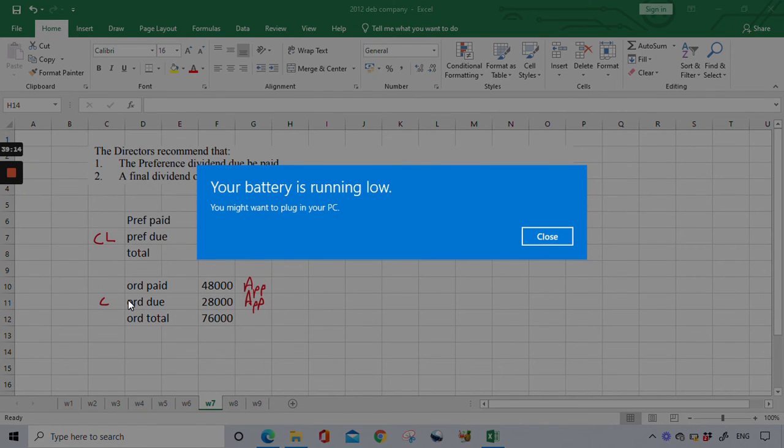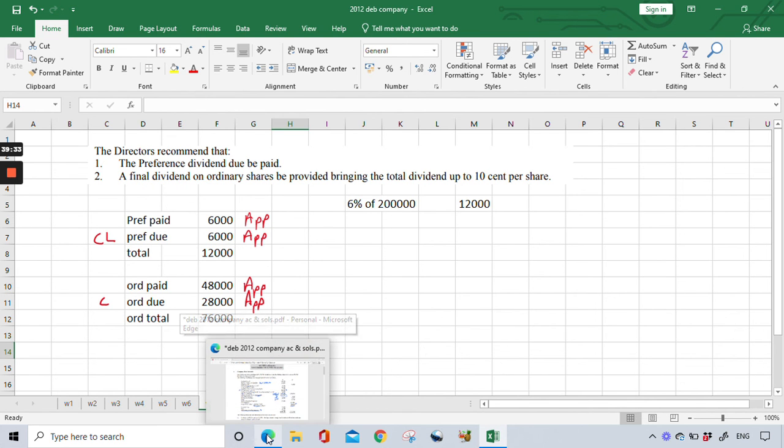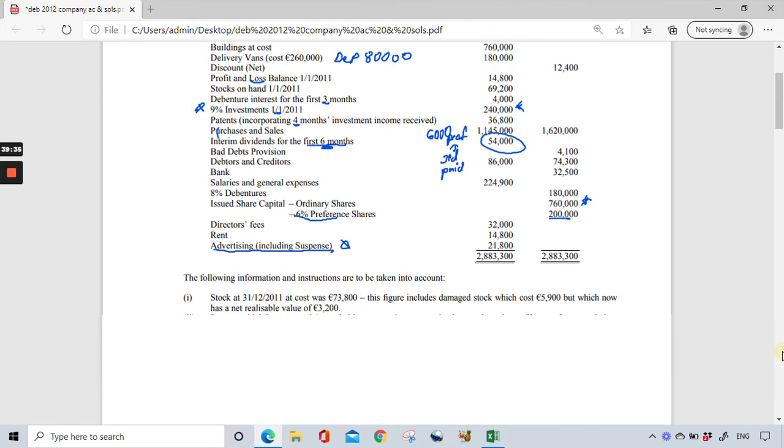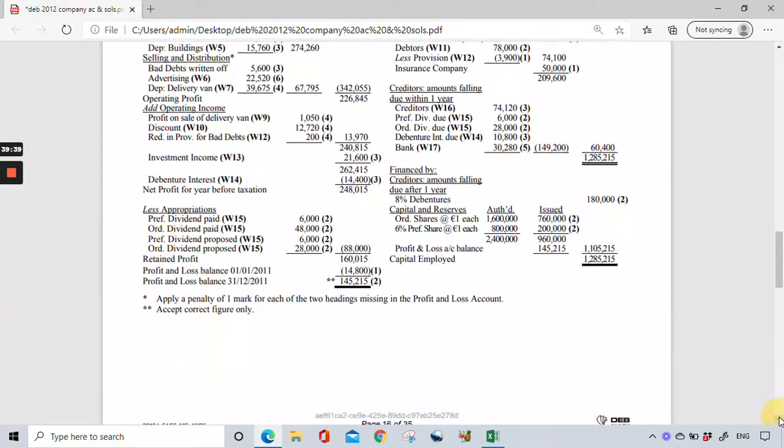So if we just look at the answer for 2 seconds, you will see at the bottom of the P&L appropriation, we have it down here.